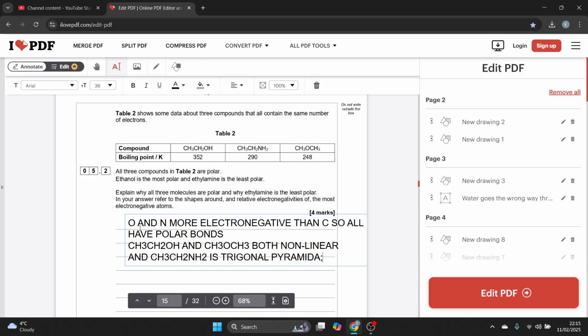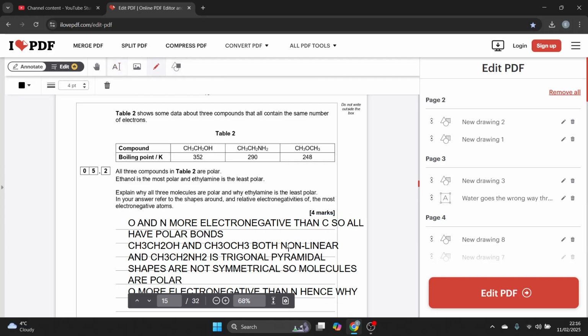So I marked just for finding out the shapes and stating the shapes. Shapes are not symmetrical, so molecules are polar. They're not symmetrical, the shapes, are they? Oxygen more electronegative than nitrogen, hence why ethylamine is the least polar.